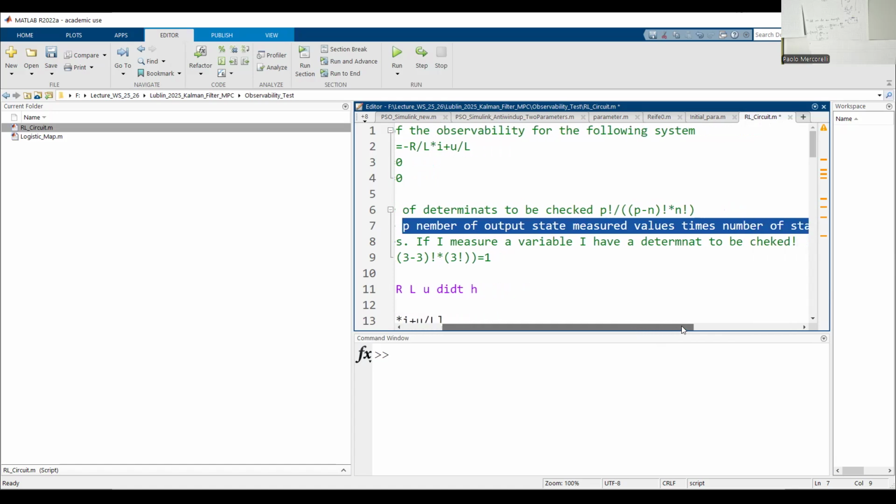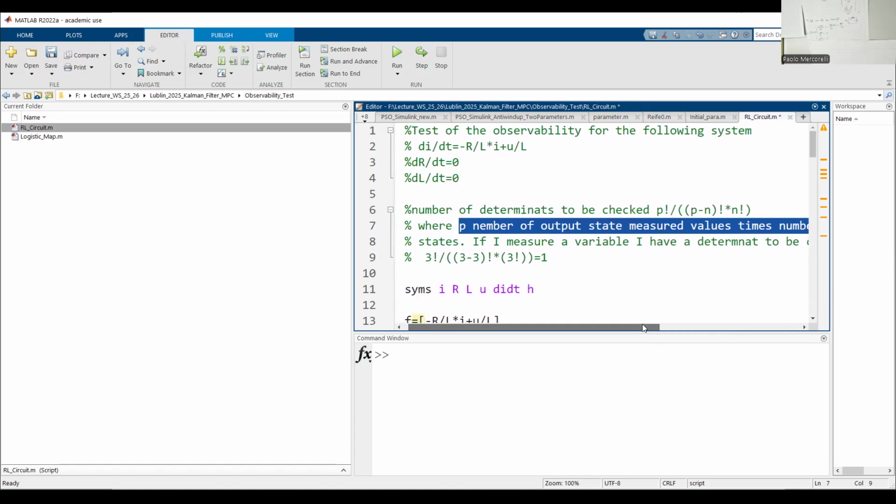I don't have time to go through it, but I give you this concept, which basically states that inside this complex system, if I have more than one measurement, the information to obtain the state using the output and the input is of course possible.